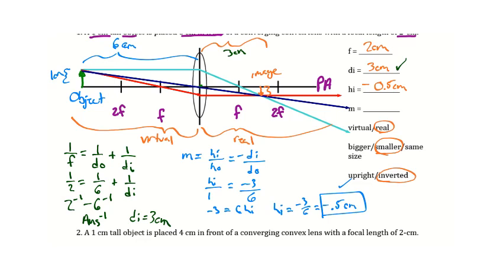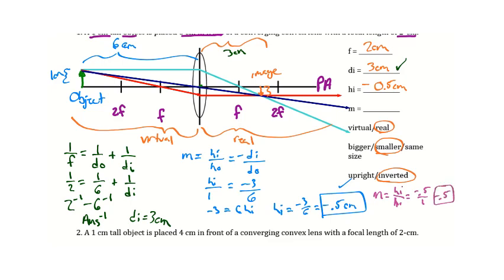Now, either one of these fractions is equal to magnification, DI over DO, or HI over HO. In this case, because our object height was 1, we could do our magnification as hi over ho, which is negative 0.5 over 1, which of course gives you negative 1/2.